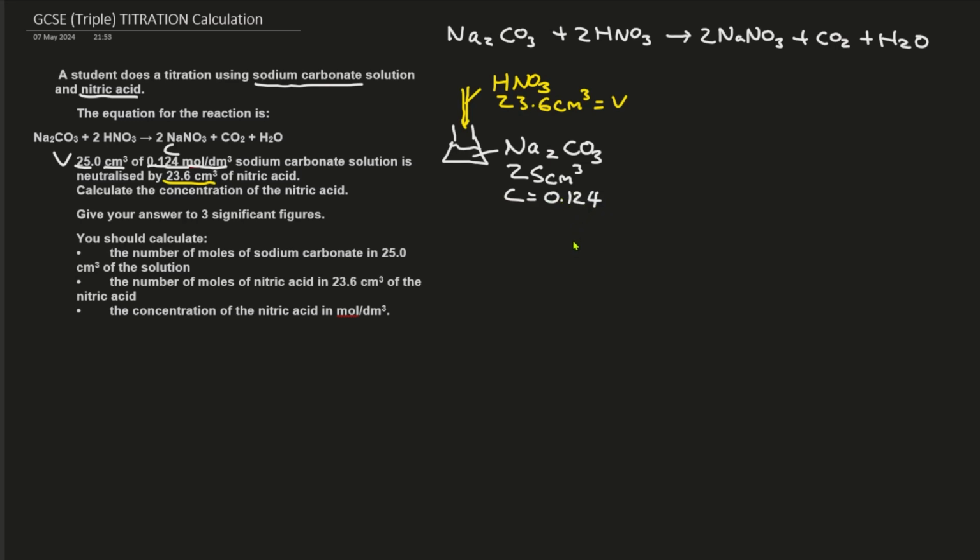Now, this is just for you guys to really understand what is going on in this experiment. Well, we need to find out the concentration of our HNO3 in this burette. We don't know what it is yet. We're going to work it out. So let's do that.